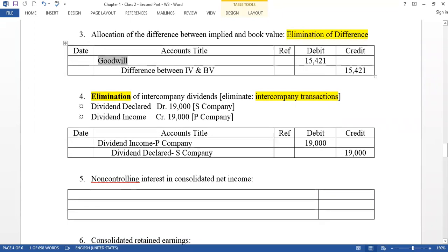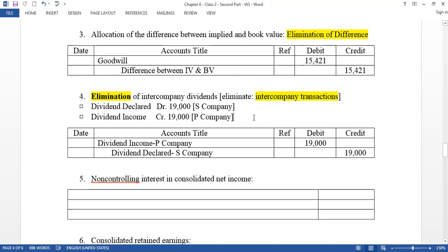we know that the dividend declared by the subsidiary company, we record as our dividend income, and this dividend income is considered an intercompany transaction.